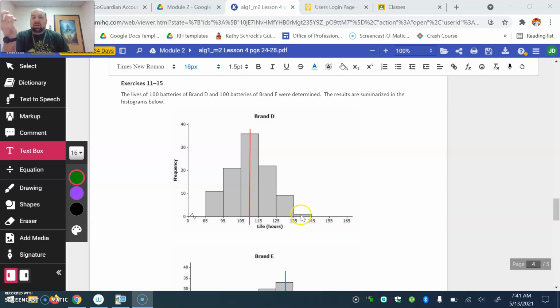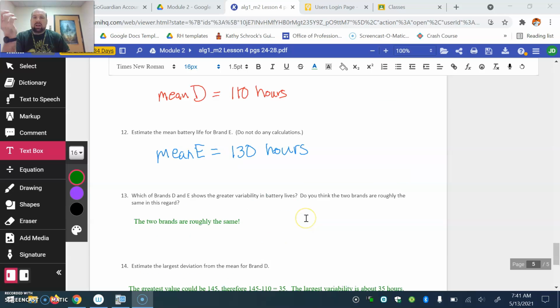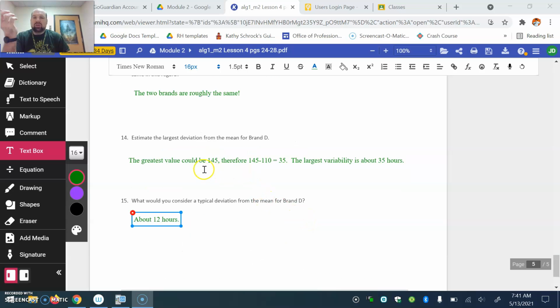This value here could be 136, or it could be 144. But if we're talking about what could be the largest possibility, it would be, I guess, 145. So if my mean is 110 and my possible largest value is 145, I subtract and I get 35. So the largest variability is about 35 hours.